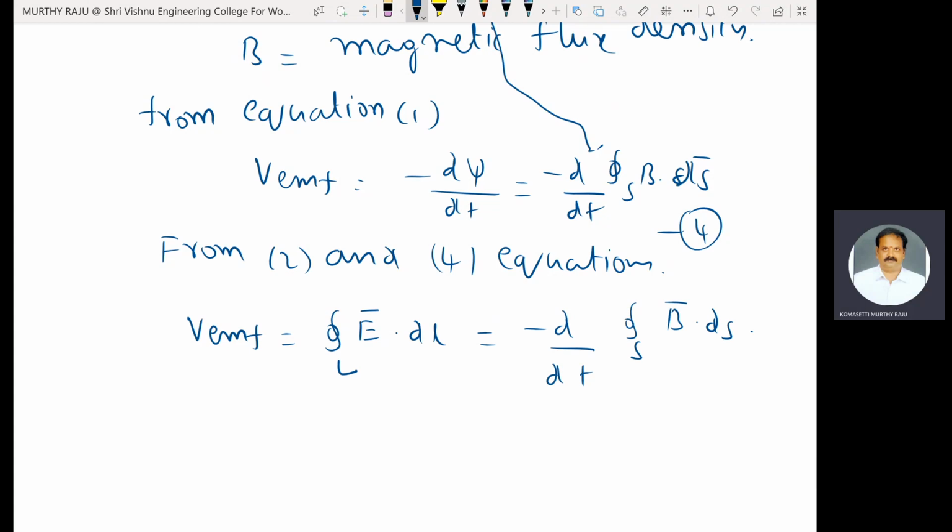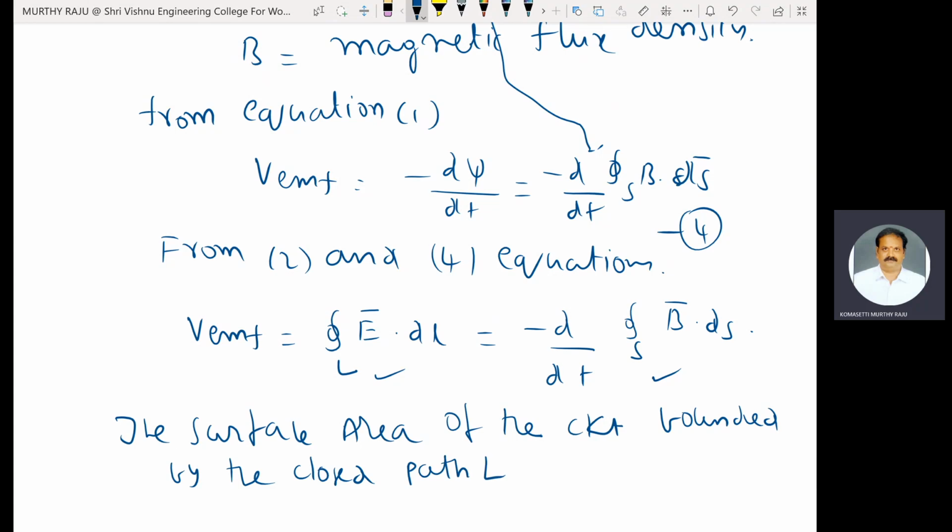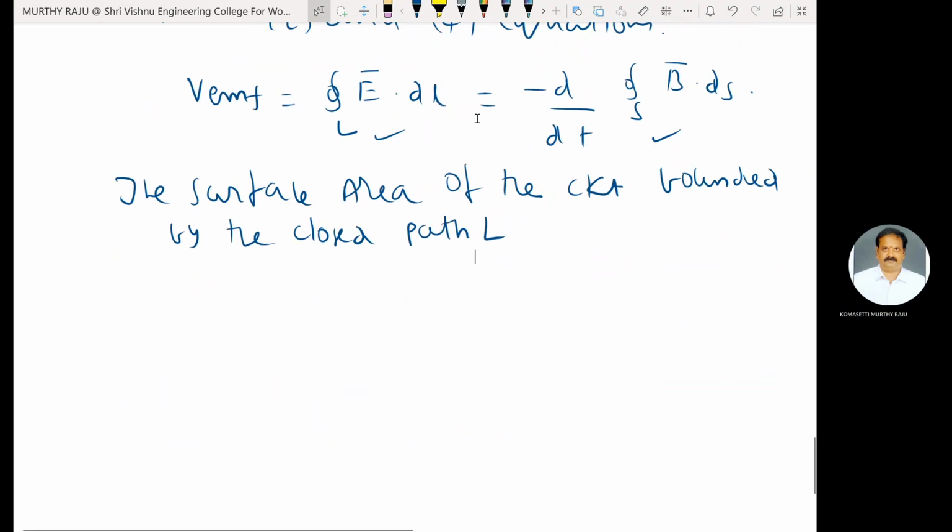S is the surface area of the circuit bounded by the closed path L. This is the surface area, and this is the closed path.